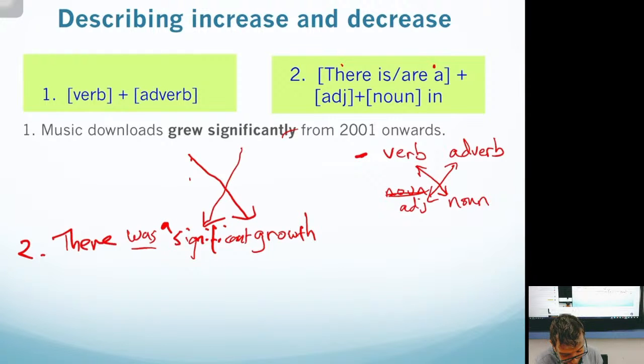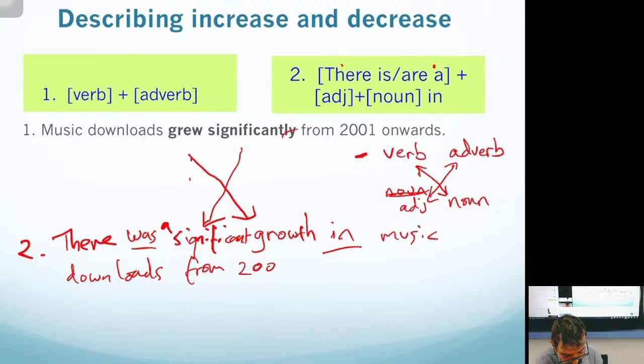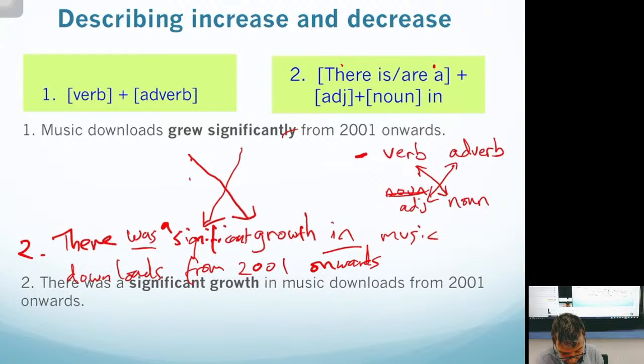So there was a significant growth in what? In music downloads. And then we can add on the time duration from 2001 onwards.